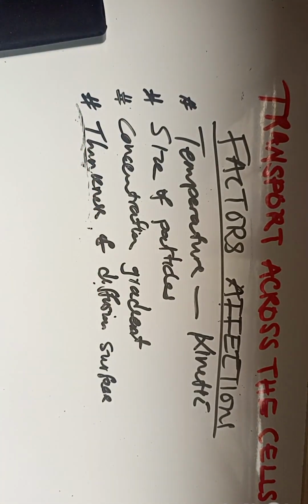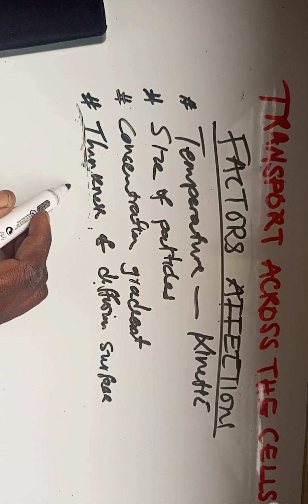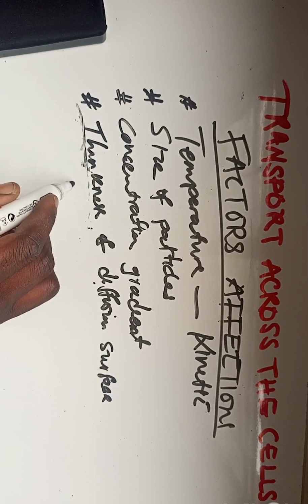From there, we have concentration gradient. On concentration gradient, this is where we have the concentration of two different regions, whereby one is lower. Here I will give an example.